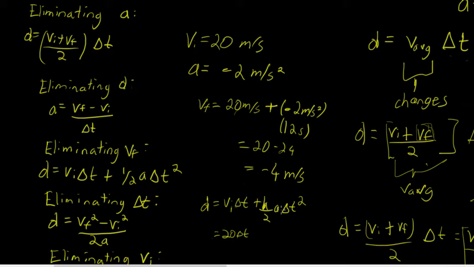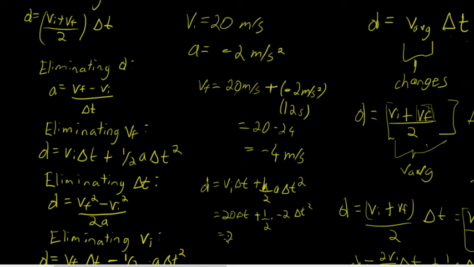The acceleration is -2 meters per second squared, and 1/2 times -2 is just -1. So that's just 20 delta t minus delta t squared.